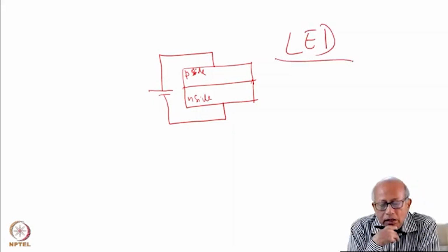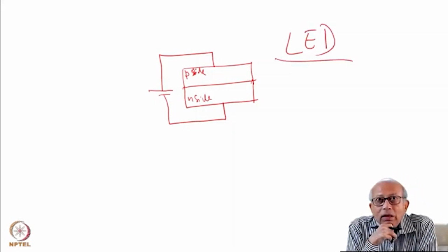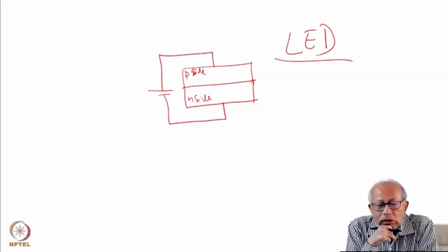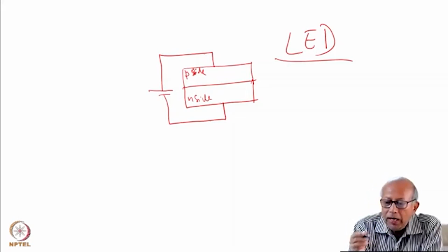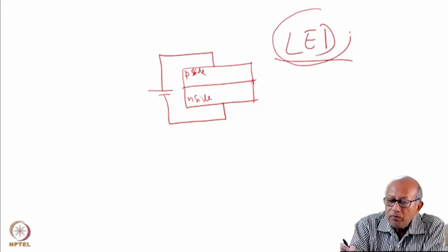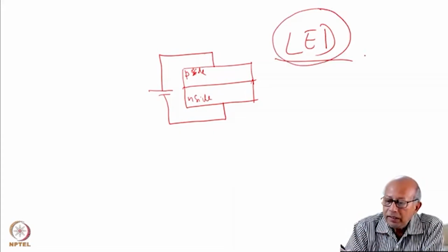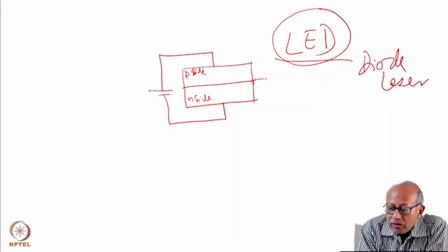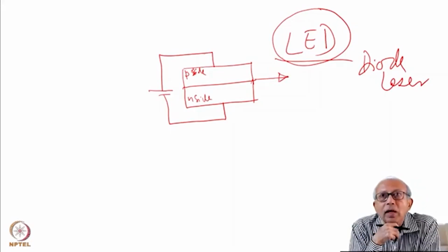And today I would once again explain briefly though as to how a light emitting diode can be made to work like a diode laser, which has the ability to emit directed coherent light.